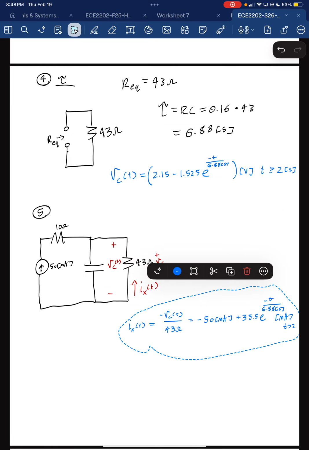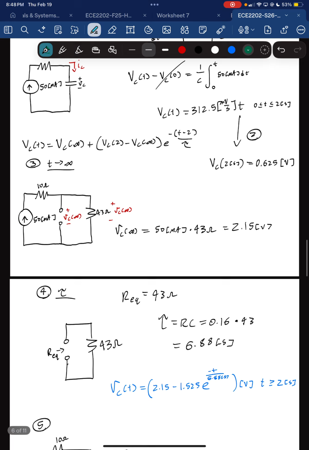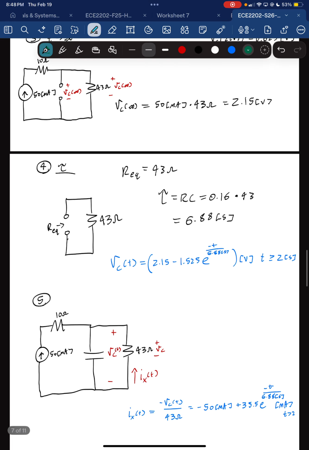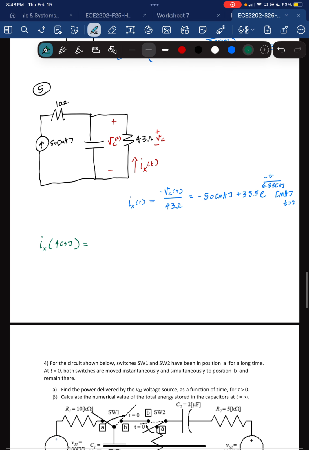Okay, now last step is to just find the value of Ix at t equals 4. Ix of 4 seconds. So we're just going to plug in 4 for this equation. We're going to get 5 e to the negative 4 divided by 6.88.